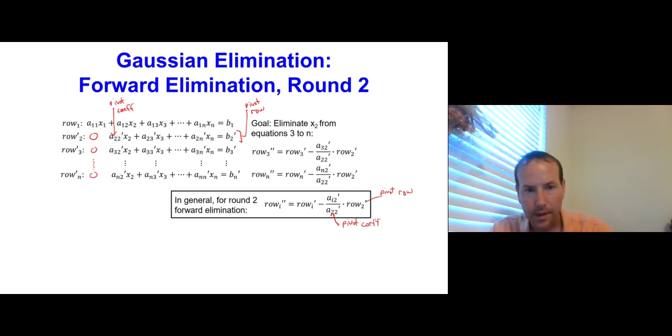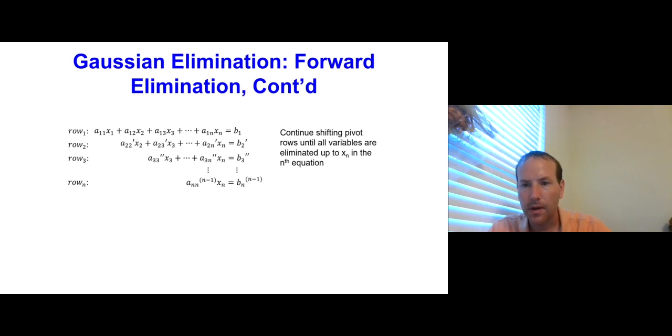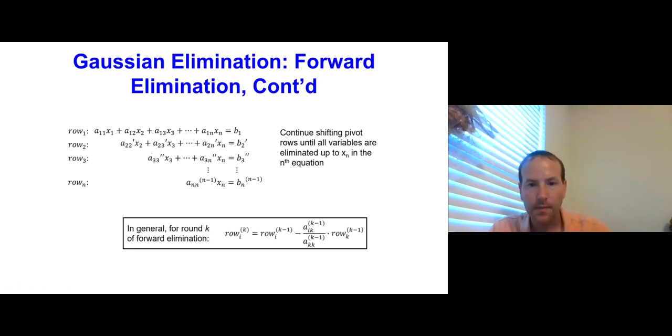So that's the leading coefficient there. So in general, after the second round, you can continue this process as many times as you've got rows, and so you keep going up until you've isolated just one equation right here.